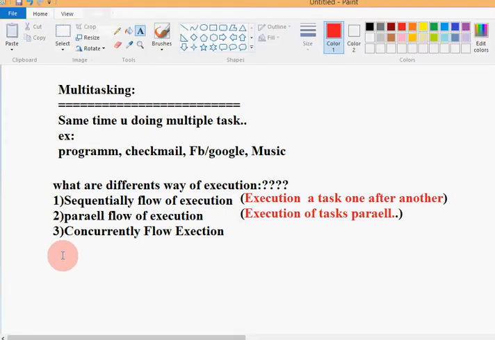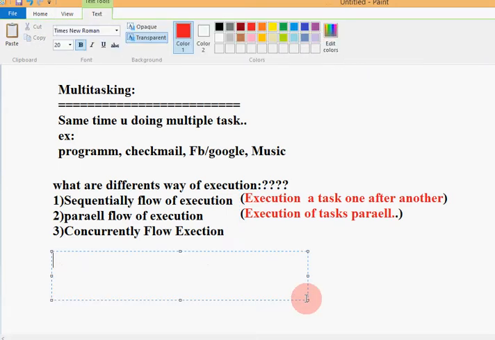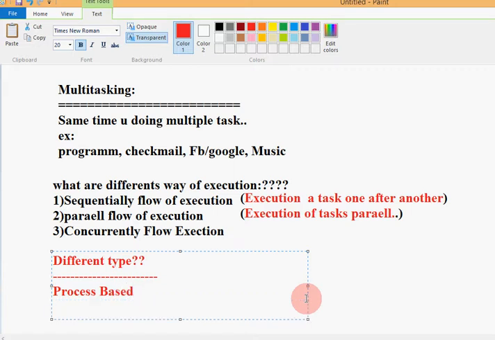Then the next thing is the different types. How many types are present? Basically, it is divided into two types: process-based multitasking and thread-based. One is process-based, and the second one is thread-based.